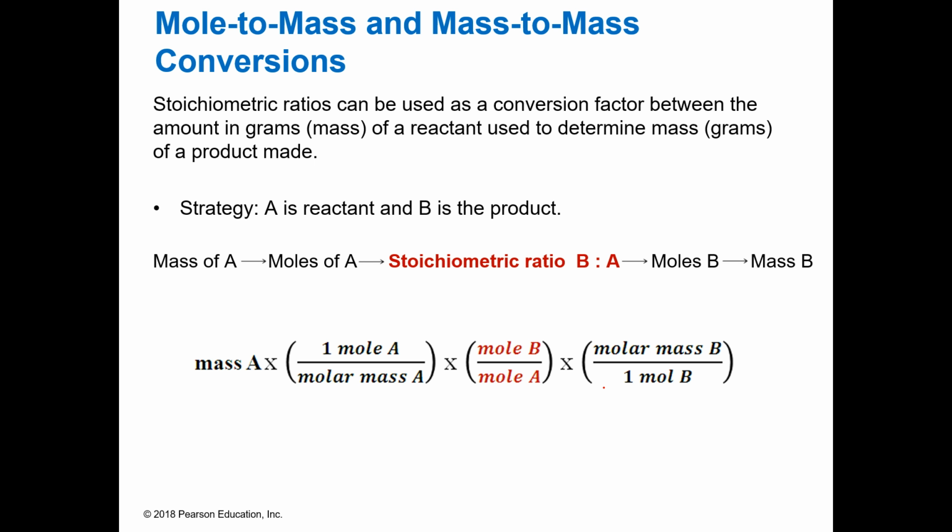So let's say I'm given grams of my reactant and I want to know grams of my product. Well, I can do that, but the first thing I need to do is go from grams to moles of whatever I'm starting with, and then I'm going to use the ratio to go to whatever I'm looking for in moles, and then I can convert that to grams.